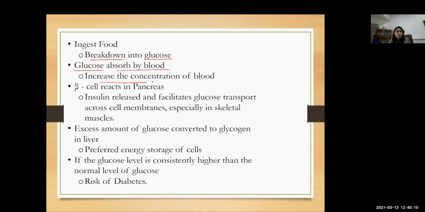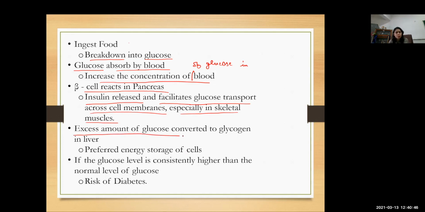It increases the concentration of glucose in blood. Then after this increment, the beta cells react in the pancreas, and insulin is released by the beta cells of the pancreas. It facilitates glucose transport across the cell membrane, especially in the skeletal muscles, which reduces the concentration of glucose in blood.